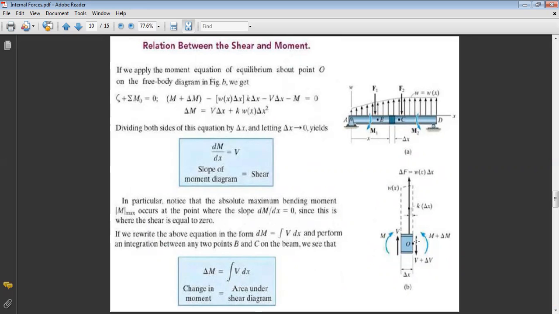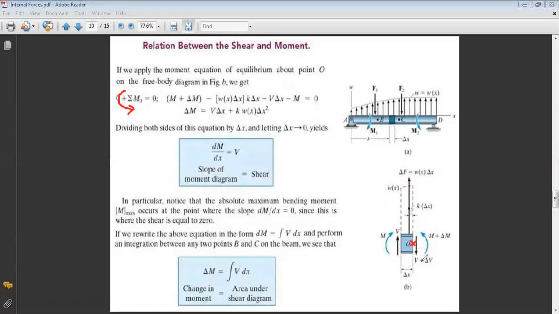We choose to do the sum of moments about the point here, which is O. First, you should choose a positive direction. We choose counterclockwise as positive, as you can see here.